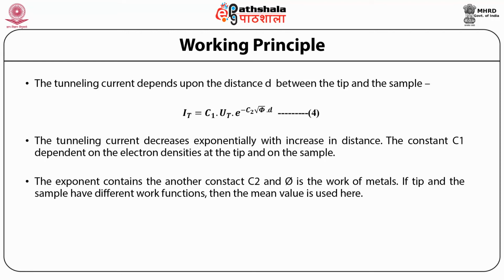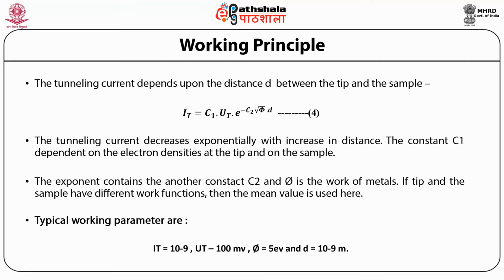If the tip and the sample have different work functions, then the mean value is used here. Typically, working parameters are IT equals 10 raised to the power minus 9, UT equals 100 millivolt, phi equals 5 electron volt, and D equals 10 raised to the power minus 9 meter.